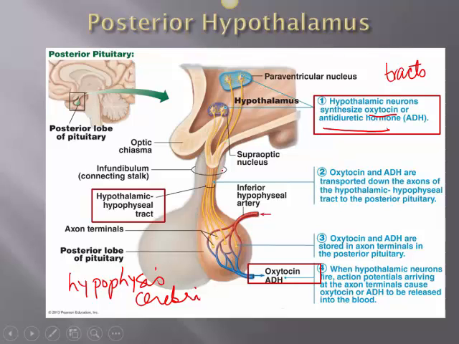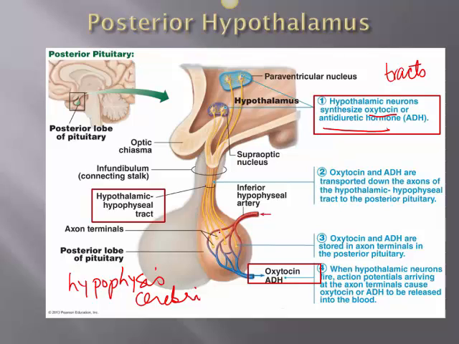So here is this nerve tract which you can see coming all the way down from the posterior hypothalamus to the posterior pituitary. In the posterior pituitary, you can see that there are various blood vessels. But what happens is that at the endings of these axons, there are swellings which are called axon terminals. This oxytocin and ADH, which is produced here, comes down and gets stored here in the posterior pituitary.